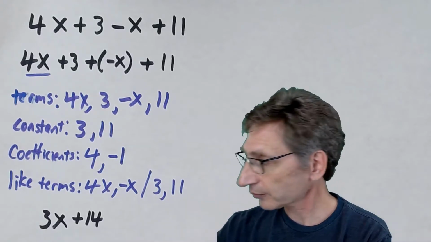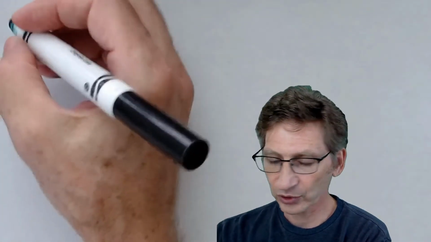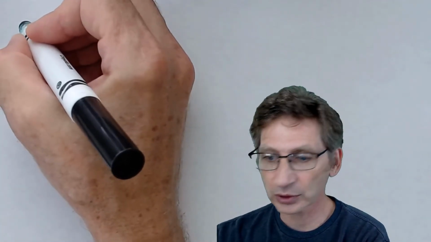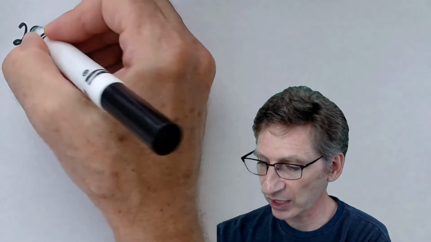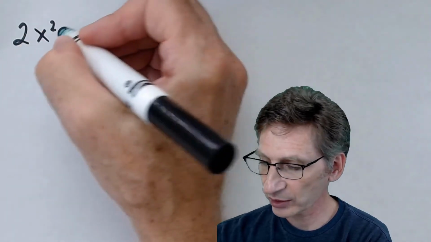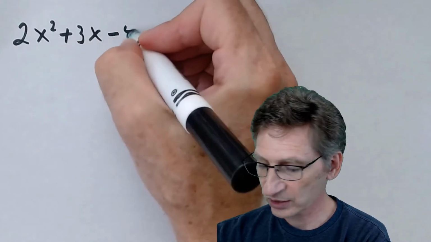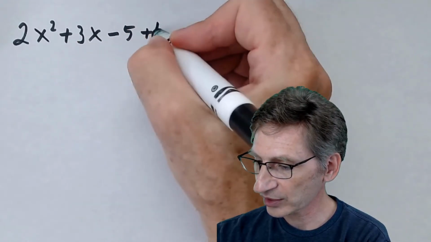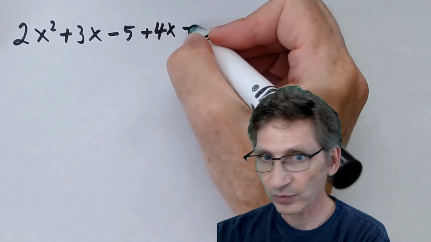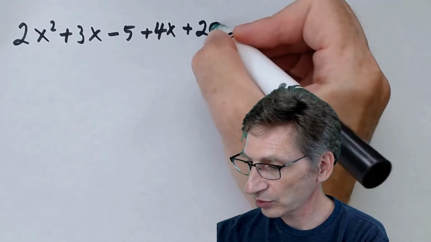Sometimes we have an expression where the variable terms are a little more interesting, shall we say. 2x squared plus 3x minus 5 plus 4x plus 2xy.